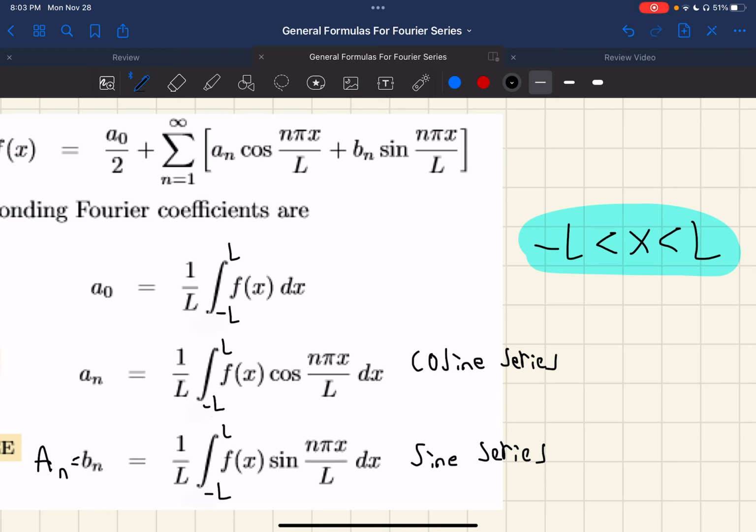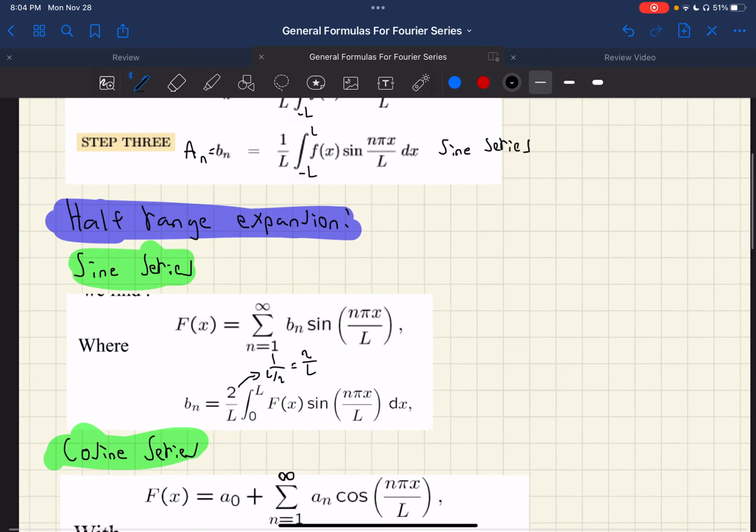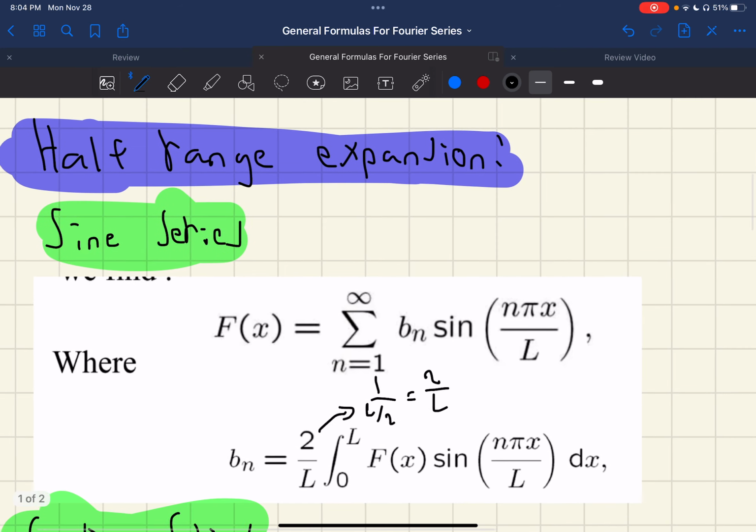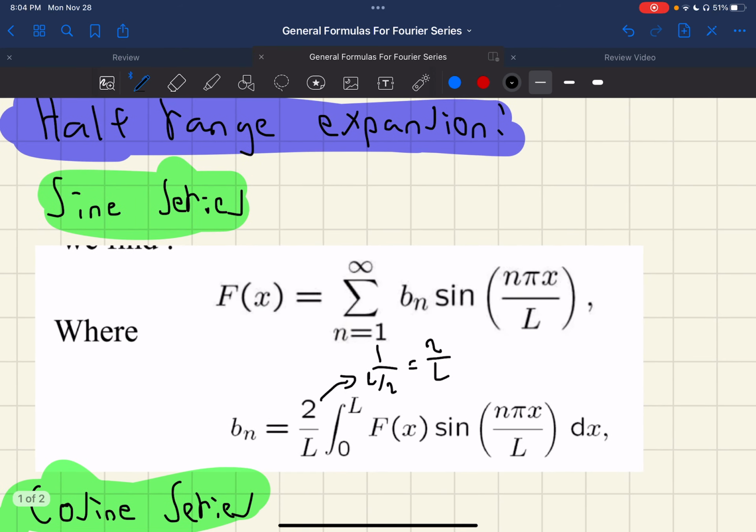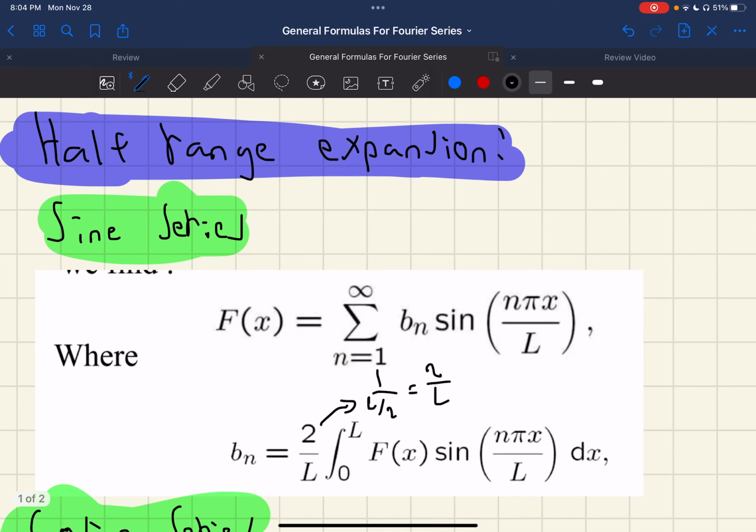We have 0 to pi. So we have half the range, which makes this a half range Fourier expansion. For a sine series, it's very similar to a regular Fourier series, but instead of 1 over L, you have 2 over L. That just happens because we have half the range. So you do 1 over L over 2, and then when you simplify it, it just becomes 2 over L.